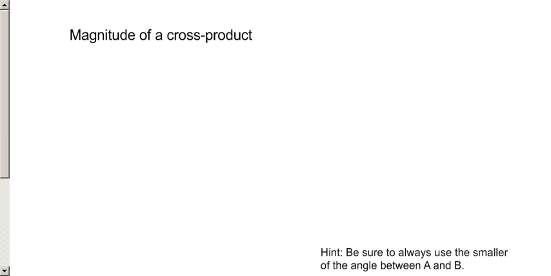All right, well, let's think about what the magnitude of a cross product looks at. So imagine we have vector A here and vector B here.